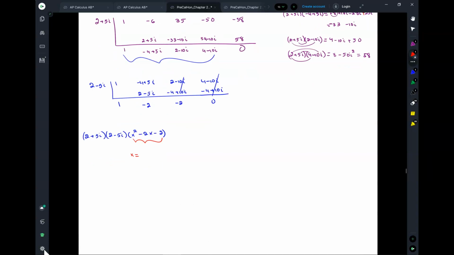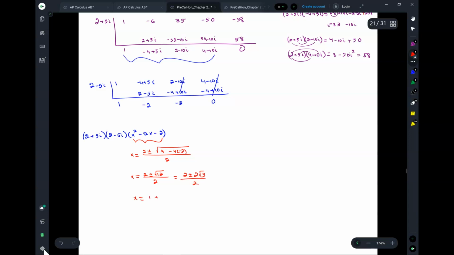All right, so x equals negative b plus or minus the square root of b squared minus 4a times c all over 2a. So x equals 2 plus or minus root 12 over 2. 2 plus or minus 2 root 3 over 2. So x is 1 plus or minus root 3.